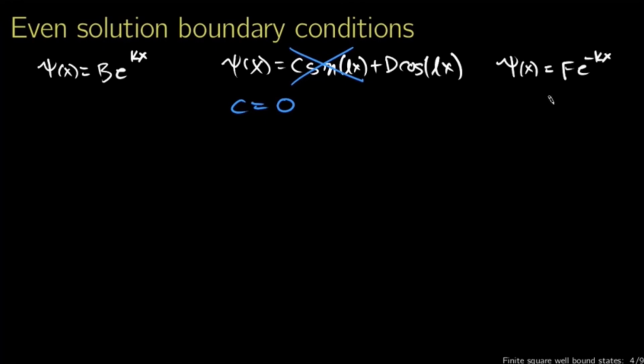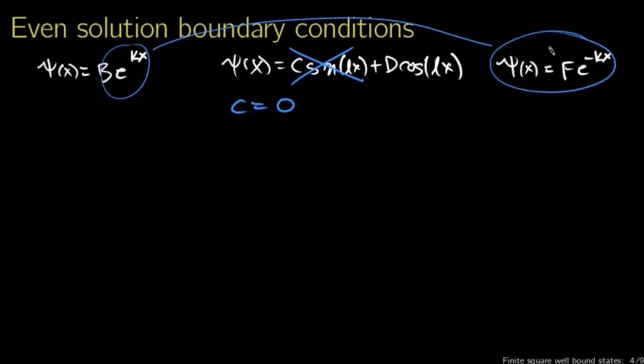If we're going to have an even solution here, we have to have a relationship between these two cases. If x is large and positive versus, say, x is large and negative, if I'm going to have equality there, I have to have b equals f. So those are the conditions that we get from assuming that our wave function is even.